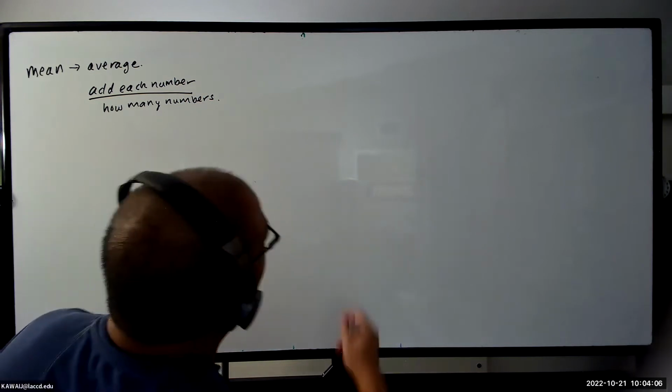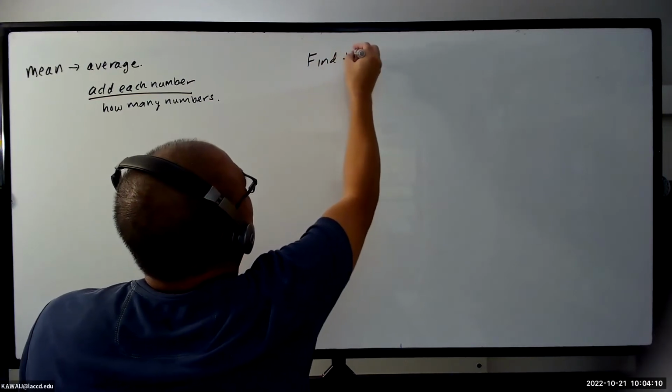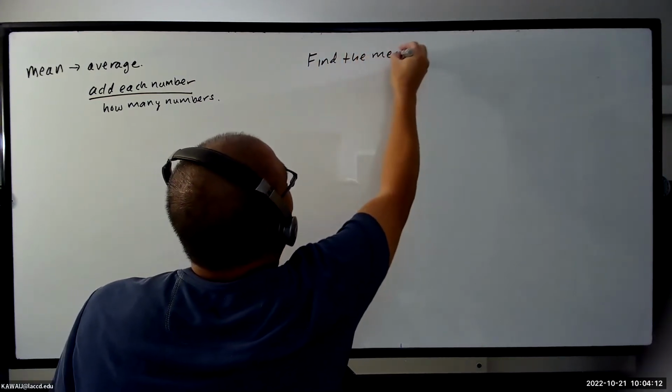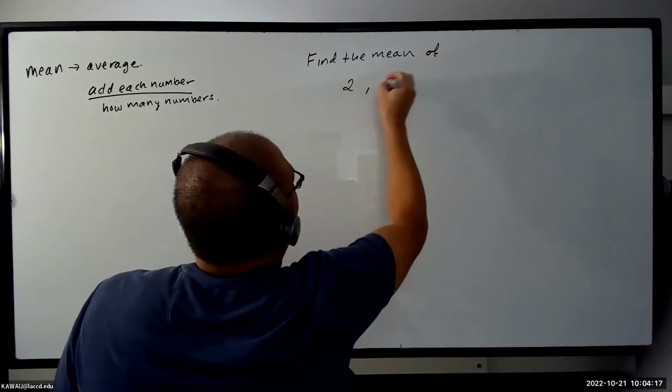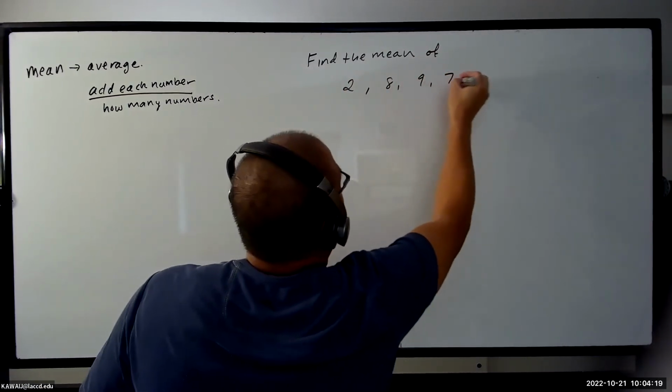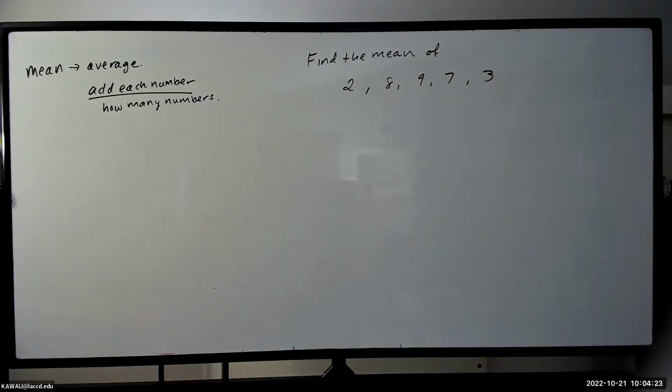So let's say I have something like this: find the mean of 2, 8, 9, 7, 3. Go ahead and add the numbers and then just divide by how many numbers there are.